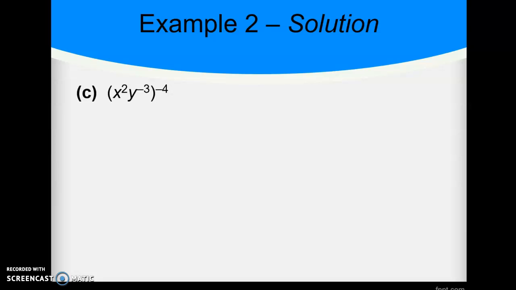Here, we're just adding more variables. We still apply the rules in the same way. We know to multiply our exponents on this one. So the exponents on the x, 2 times -4, and the exponent on the y will be -3 times -4. Well, 2 times -4 is -8, but -3 times -4 is +12.